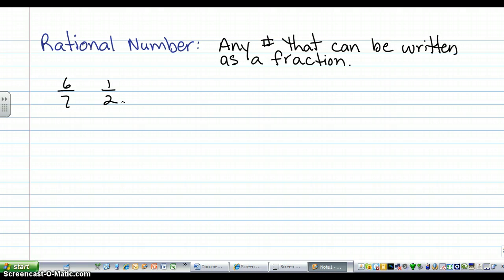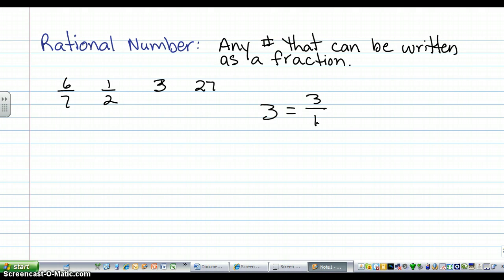Well, what about whole numbers? What about 3? What about 27? Are they rational numbers? Well, absolutely they are, because hopefully you remember, all whole numbers actually have a 1 underneath them. We just don't write it. So another way of writing a 3 is 3 over 1.